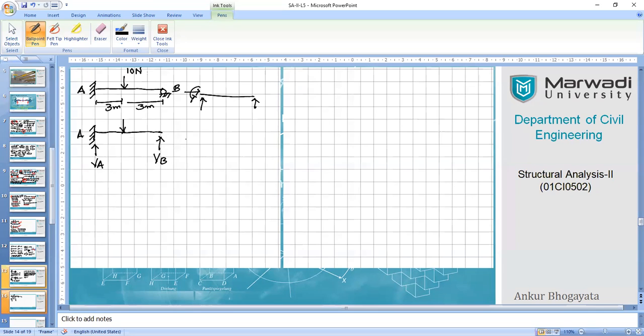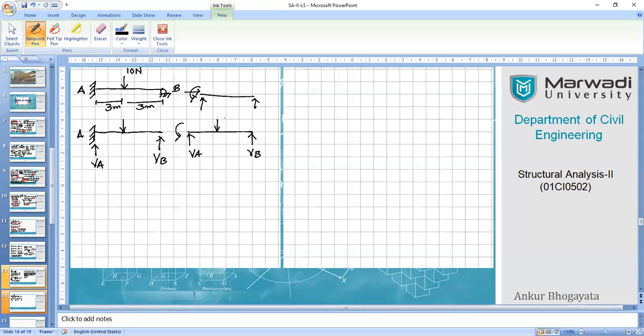Another possibility is to release the moment over here; in that case my structure becomes simply supported, which is again a determinate structure.